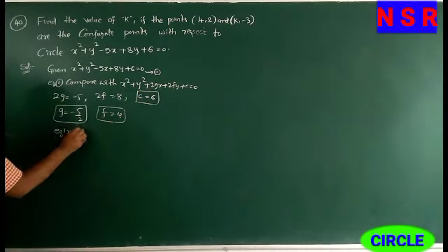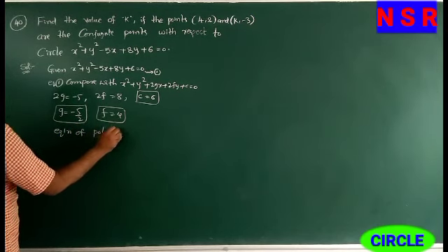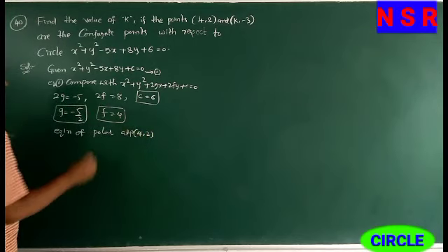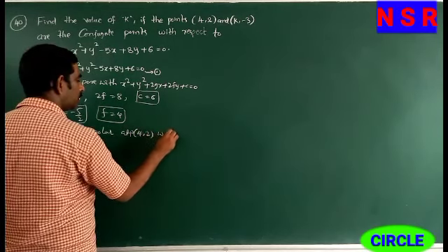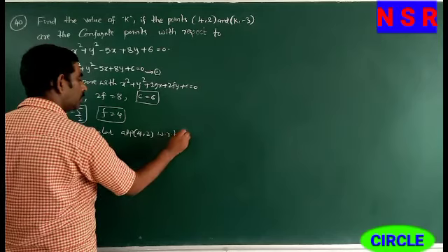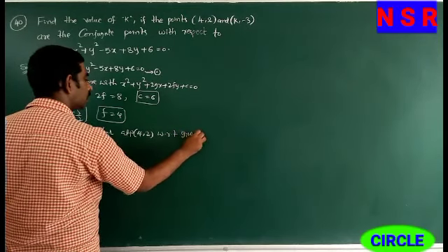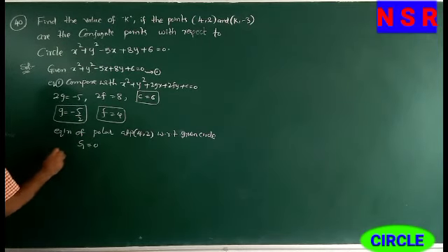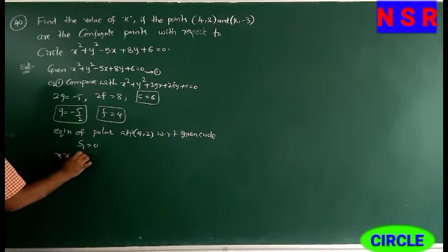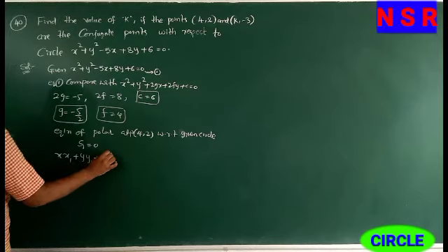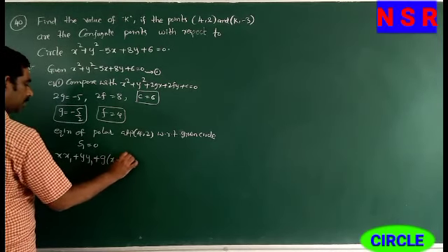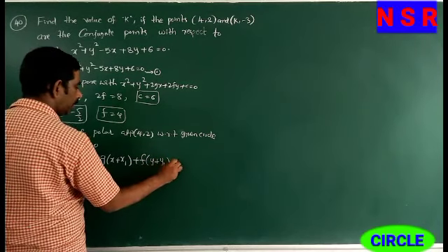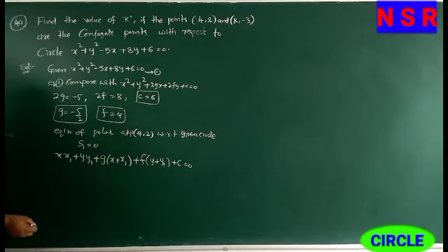So the equation of the polar at P(4, 2) with respect to the given circle is S1 = 0. So x x1 + y y1 + g(x + x1) + f(y + y1) + c = 0.